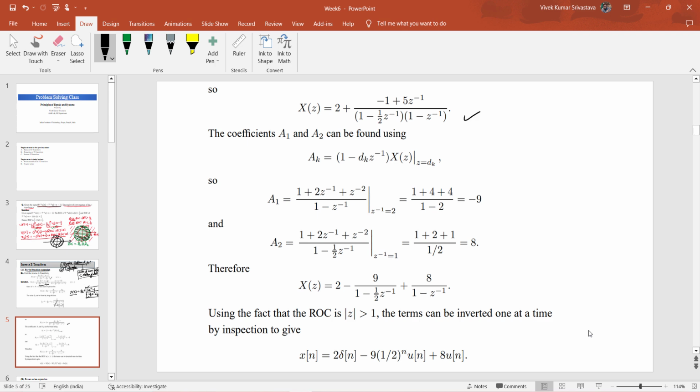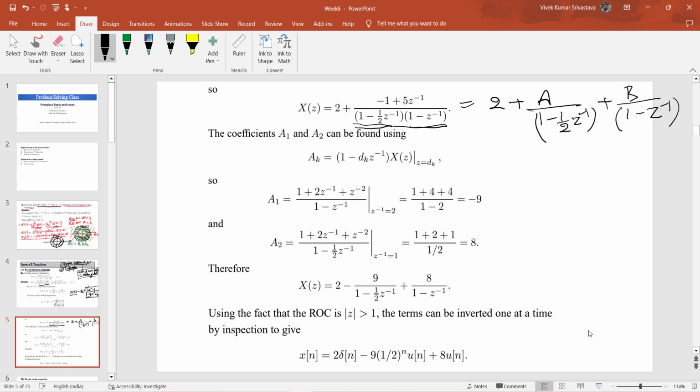Thank you. So now in the denominator we are factorizing it. Once you factorize it, you will get two different factors of the denominator polynomial. So now we can use the partial fraction method. In the previous class, we have seen that this can be written like 2 plus A over 1 minus 1/2 z raised to the power minus 1 plus B over 1 minus z raised to the power minus 1.